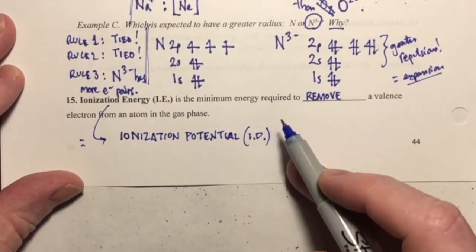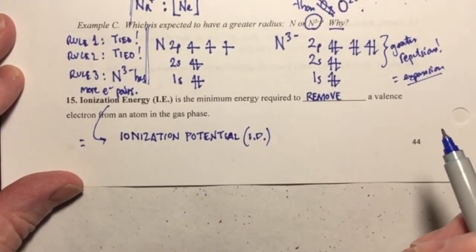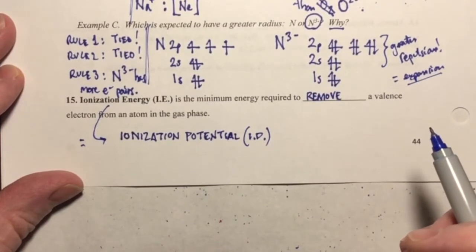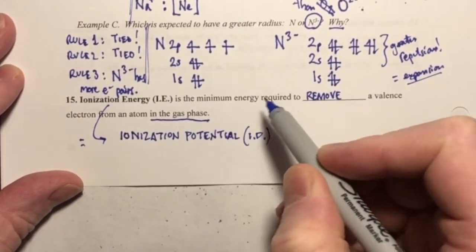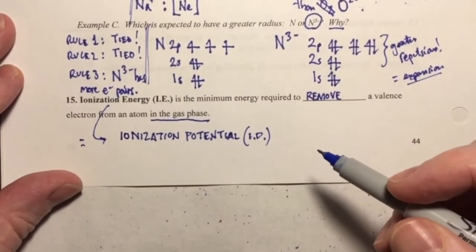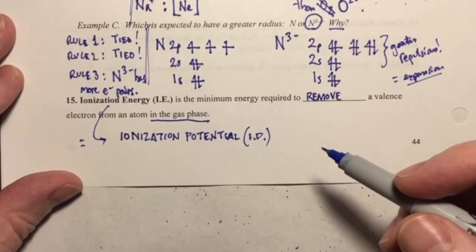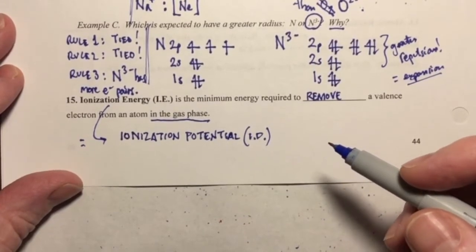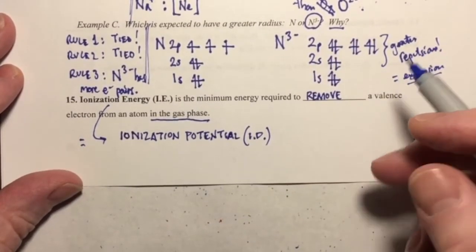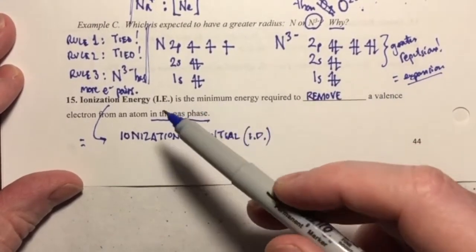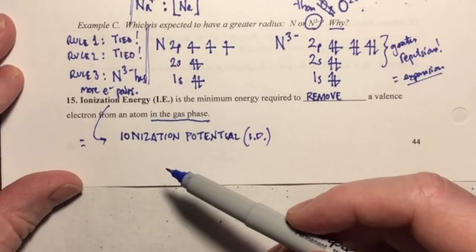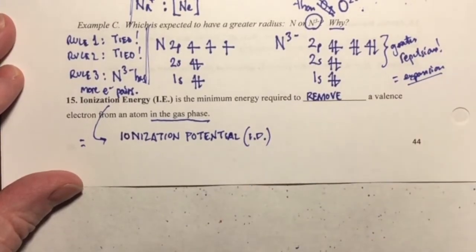The energy required to remove an electron from an atom is its ionization energy. The phrase "in the gas phase" just means that the atom is alone by itself. It's not in a compound or in a crystal or anything. So you have an atom alone by itself and you're removing one of its electrons. The energy required to do that is the ionization energy, or the ionization potential.